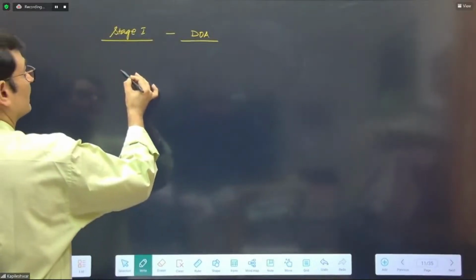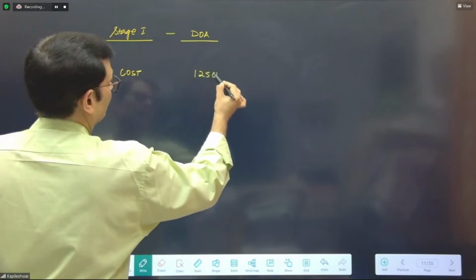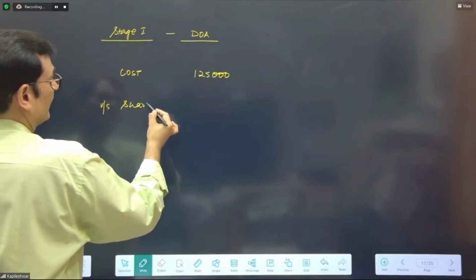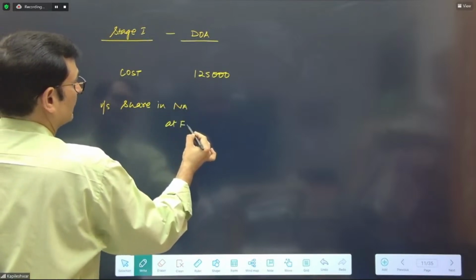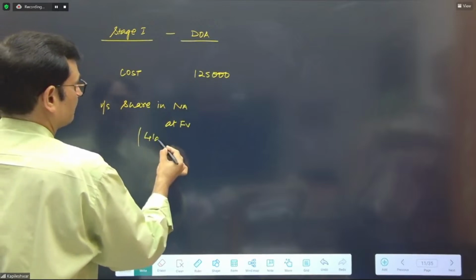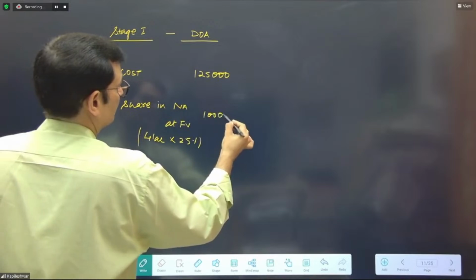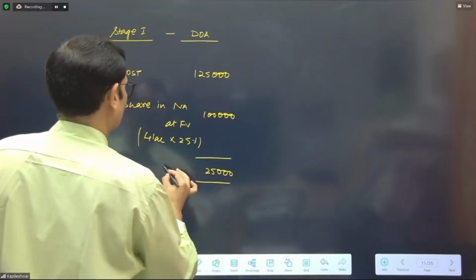So we will say, okay, what is the cost of the investment? It was acquired at 125 versus the share in net assets at fair value. The share in net assets at fair value, which is 4 lakh rupees into 25%, works out at 1 lakh rupee. So we get the difference, 25,000. That is the amount of goodwill.